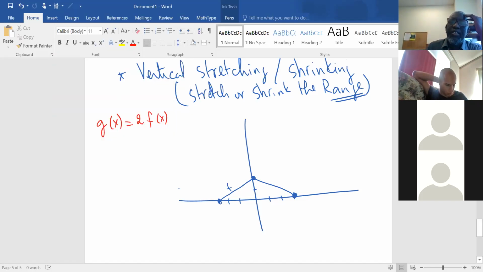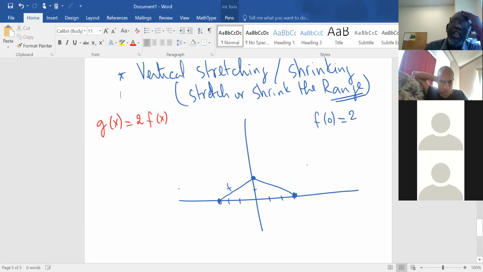What does the graph tell you? How much is f of 0? I know somebody has to answer this question. How much is f of 0? 2. From this blue graph, f of 0 is 2, right?